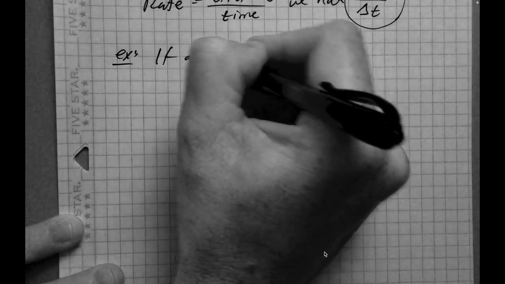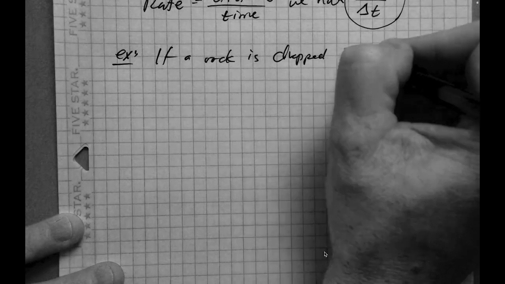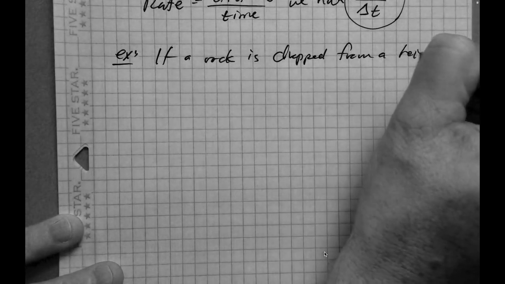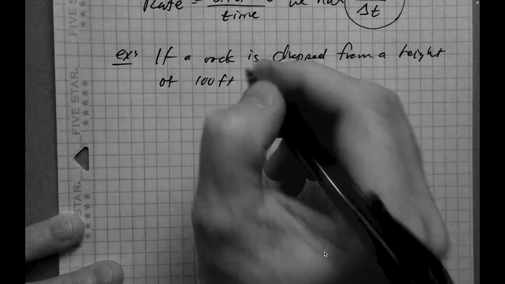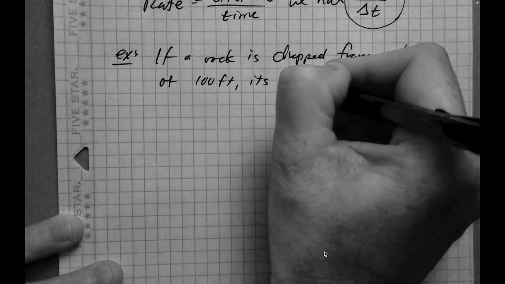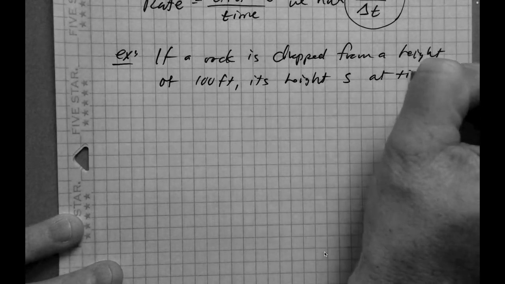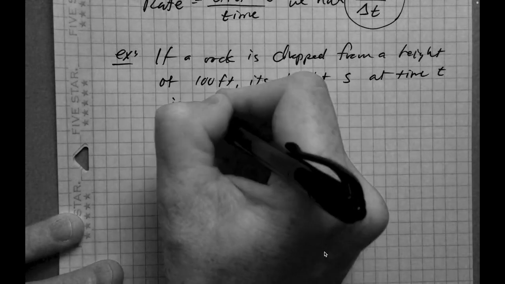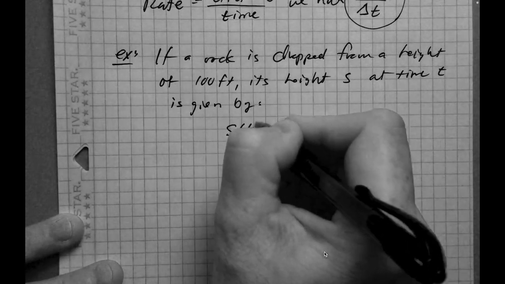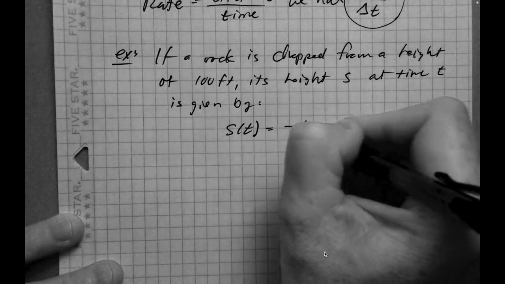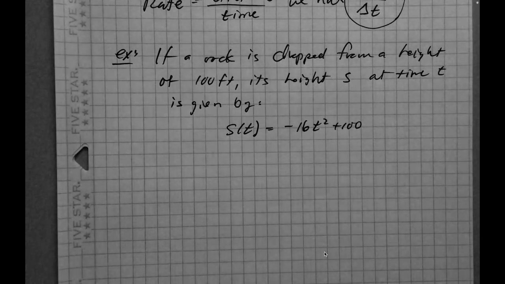If a rock is dropped from a height of 100 feet, its height s at time t is given by s of t equals negative 16t squared plus 100.